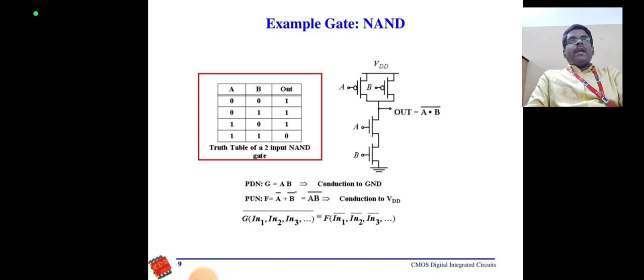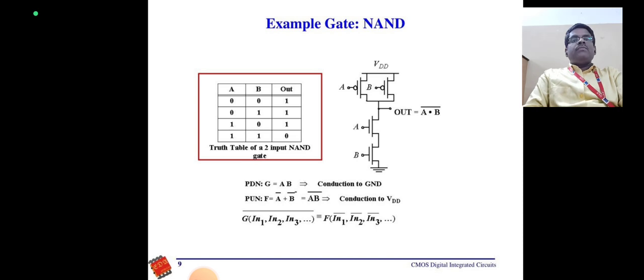The NMOS transistors are connected in series and form the pull-down network, so that circuit is on the downside. Both NMOS transistors are connected in series, and both PMOS transistors are connected in parallel. The output is (A dot B) bar. This is the NAND gate principle.